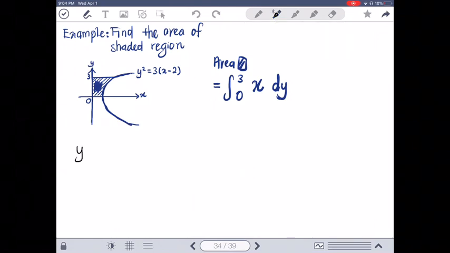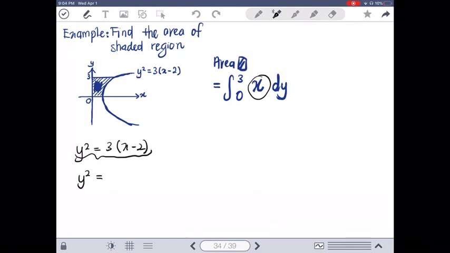the problem is we have the equation y squared equals 3x minus 2. But we don't want y, we want the function x. So what we need to do is make x the subject. Just rearrange this to become y squared divided by 3 equals x minus 2.